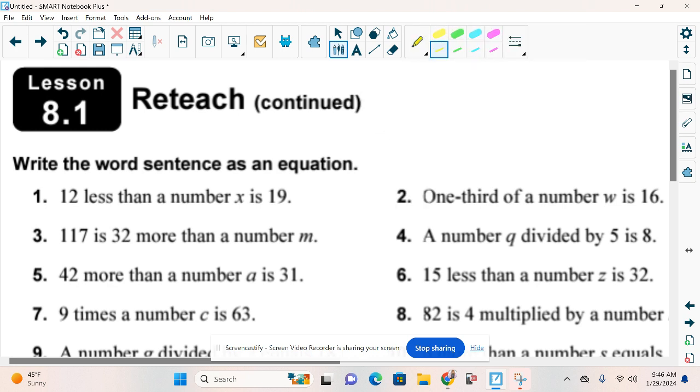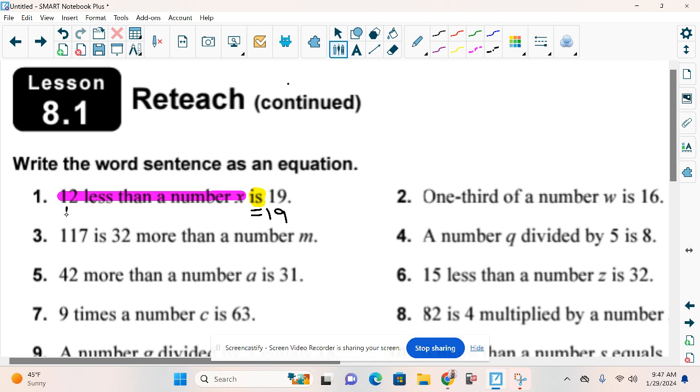Alright, number 1 says 12 less than a number x is 19. Where's our equal word? Is. Okay. Alright, what's the problem part? 12 less than a number x. It's a swap. Alright, so we're going to equals 19. And I'm going to focus on the problem part.